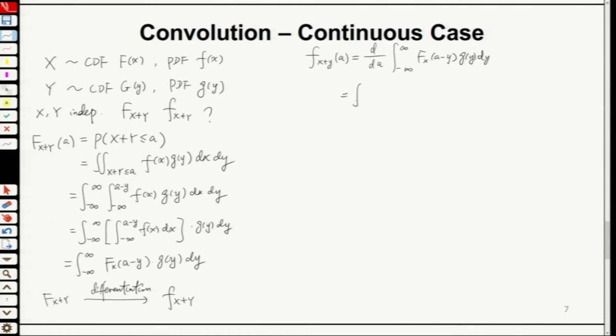So this will become the integral of d over da of F(a minus y), because only this term has a, the other term doesn't have a, times g(y) dy. So this will become the integral from minus infinity to infinity of f(a minus y) g(y) dy.